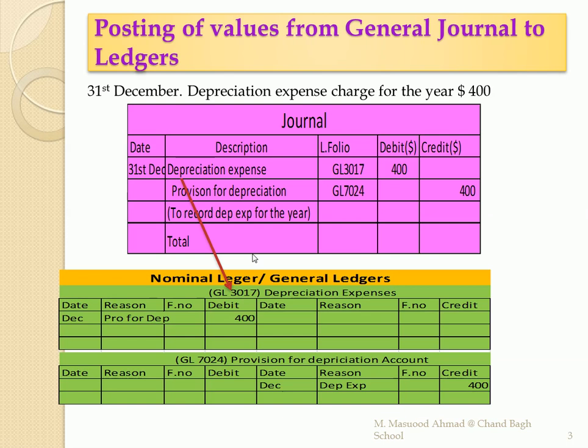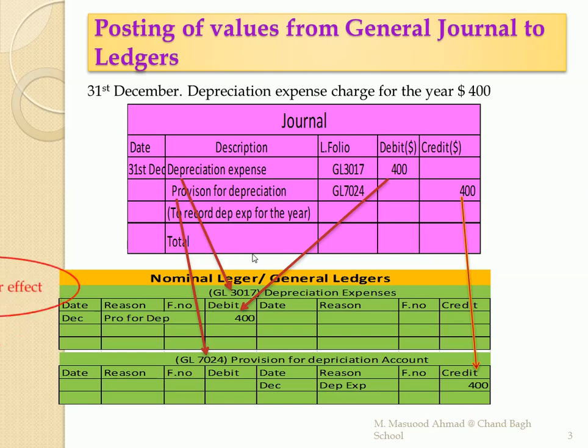So we will call the depreciation expense ledger first, and the amount which we debit is 400, and it should be written on the debit side of your ledger. Now the first aspect, the debit effect of your transaction, is posted. In the same way, provision for depreciation is the second account which we called in the journal, and the amount, 400, is credited on the credit side.